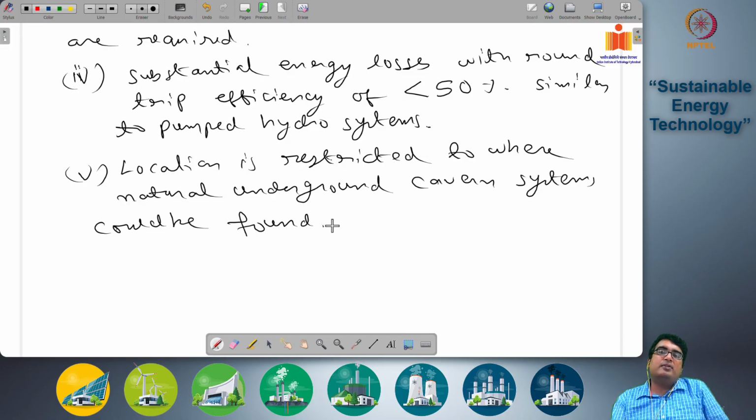So location is a far more difficult challenge, because you need a place where you do have such underground cavern systems, because actually excavating a cavern like this will make the cost prohibitively higher. So compressed air energy storage systems are very location specific, and only relatively few locations can be used and be suitable for such systems to be installed. Okay, so that's the basic advantages and disadvantages of a compressed air energy storage system.